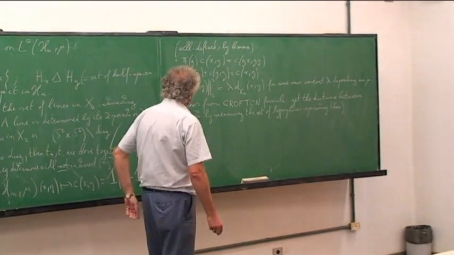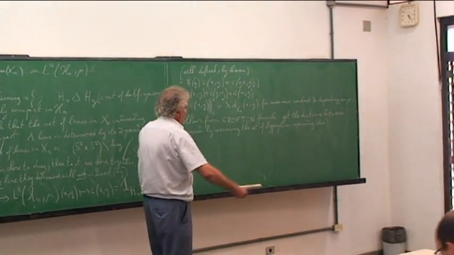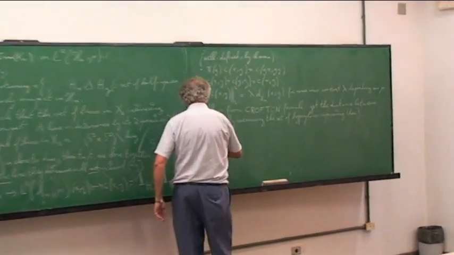So here we are. And then we can do exactly what we did in the case of trees to define the cosine.